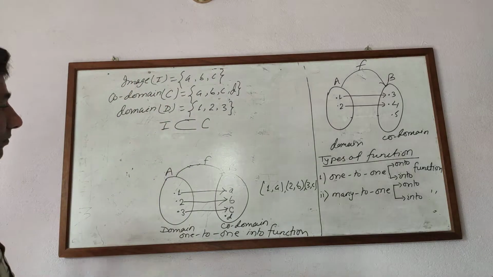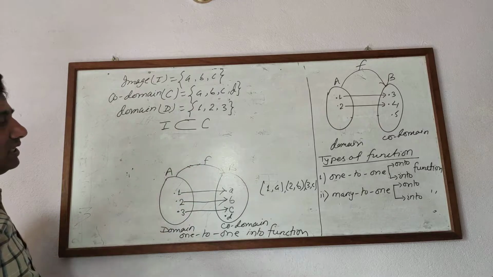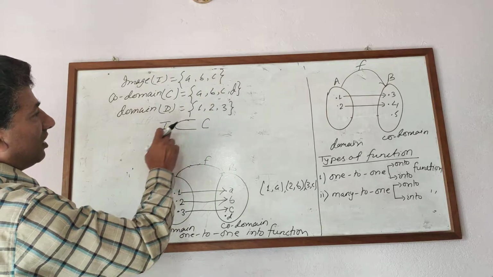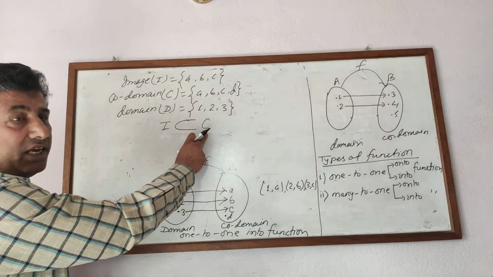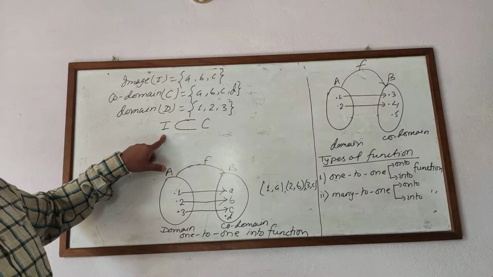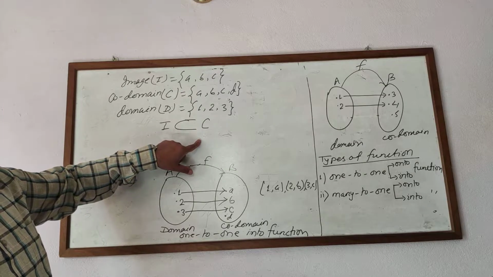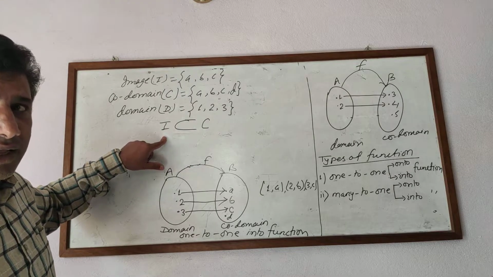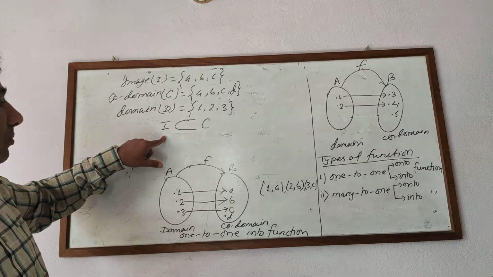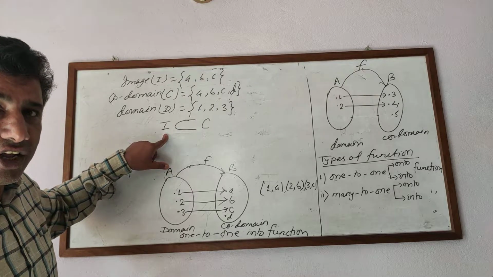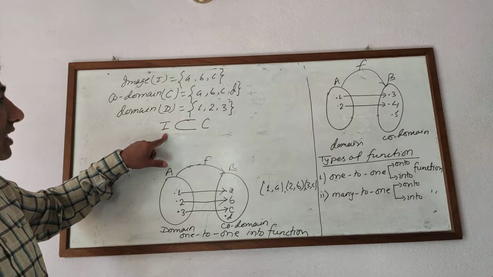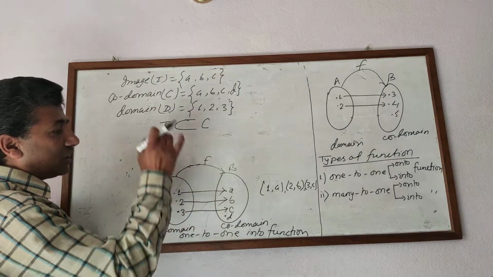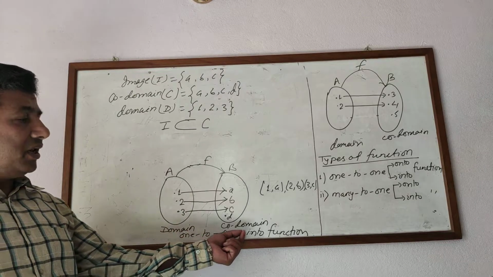That's why in this case, the set of image is a subset of its codomain, a proper subset. Proper means not equal. If equal, that is improper, but here the image set is not equal to its codomain. That's why it is a proper subset. Now in this condition, this function will be a one-to-one into function.